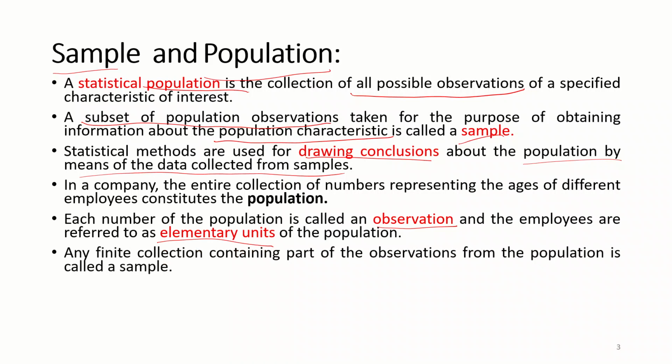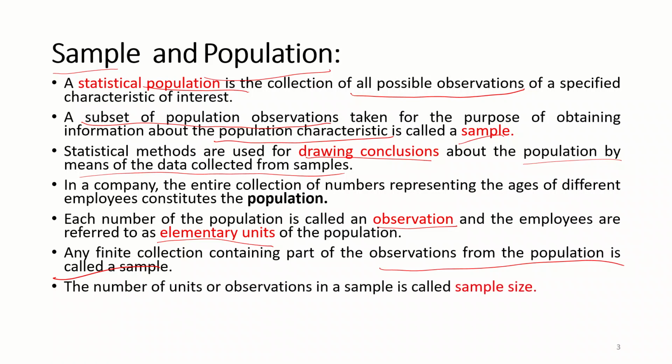Any finite collection containing part of the observations is called a sample. It's kind of repetitive, but that's to make it evident. The number of units or observations in a sample is called the sample size.